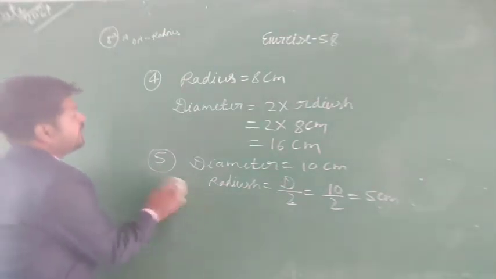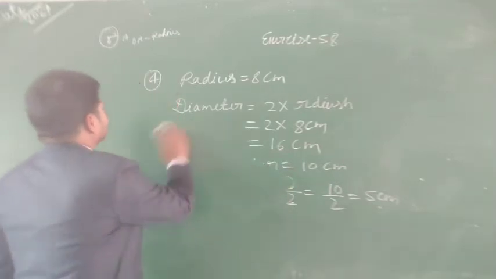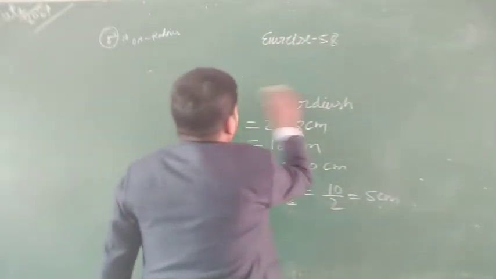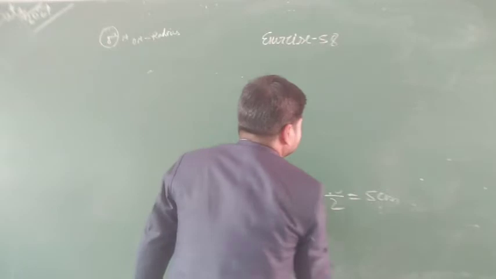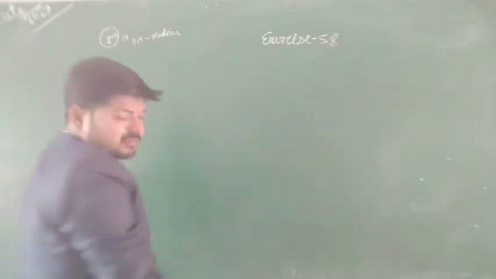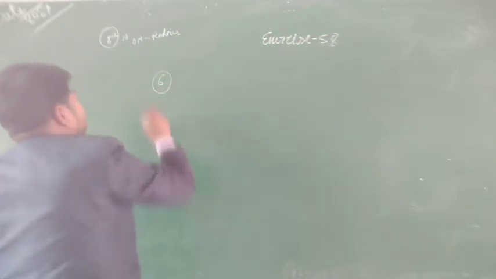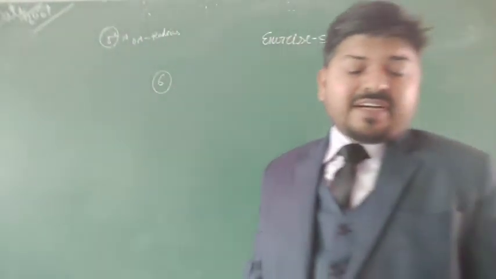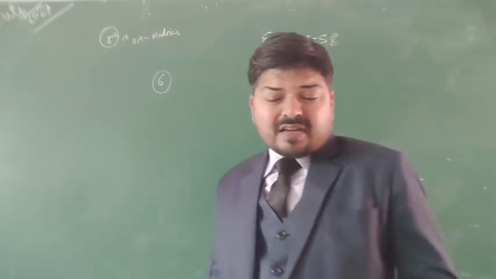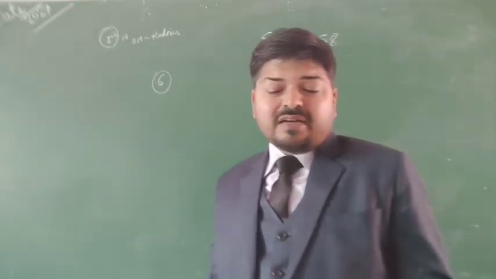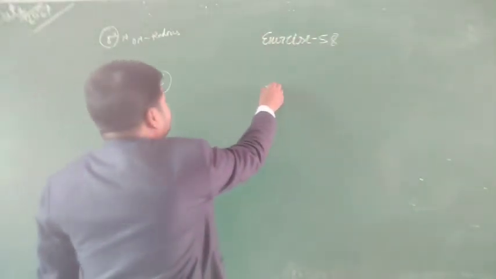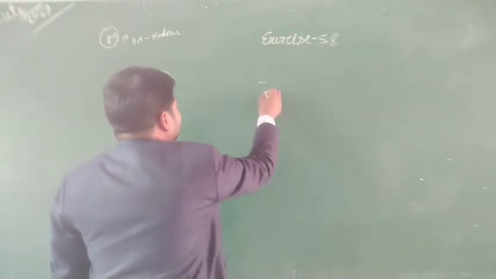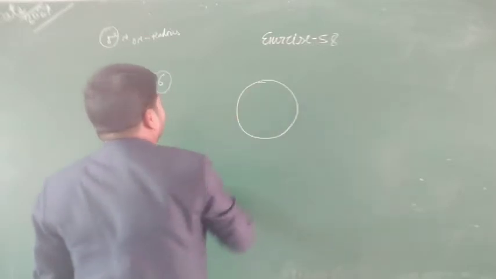Now I am going to tell you question number 6. In question number 6, it is saying that draw a circle of radius 4 centimeter, name its center O, and draw and mark. So at first you have to draw a circle of 4 centimeter. I am going to draw here.